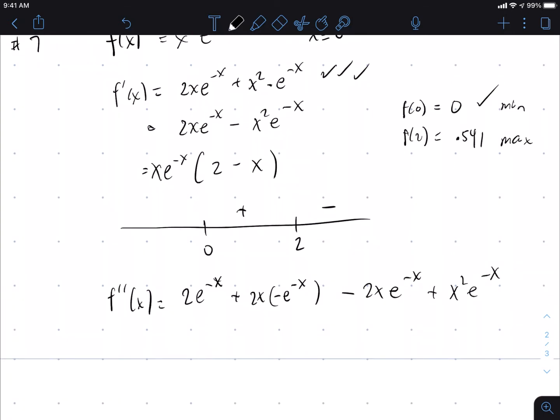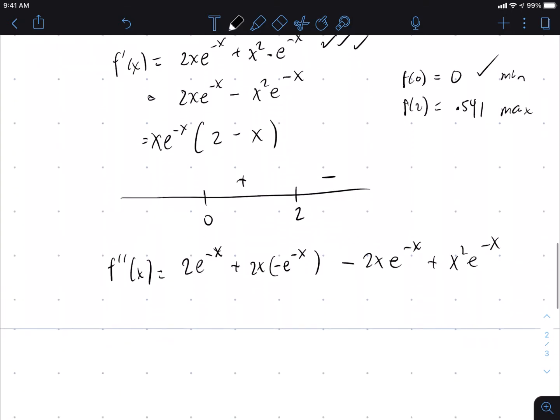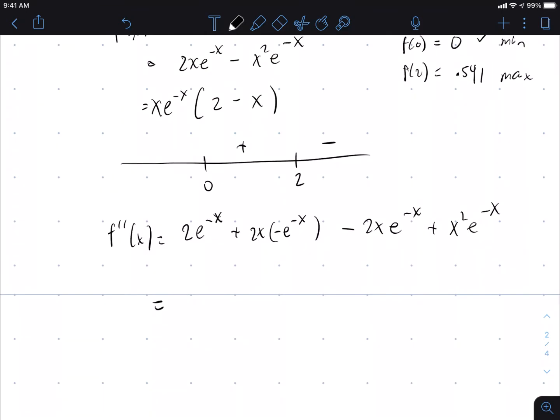And then we need to solve, right? Well, something cool. We have something cool in this problem. We can pull out an e to the negative x. And we're going to end up with 2 plus x squared. I think I did that correct.